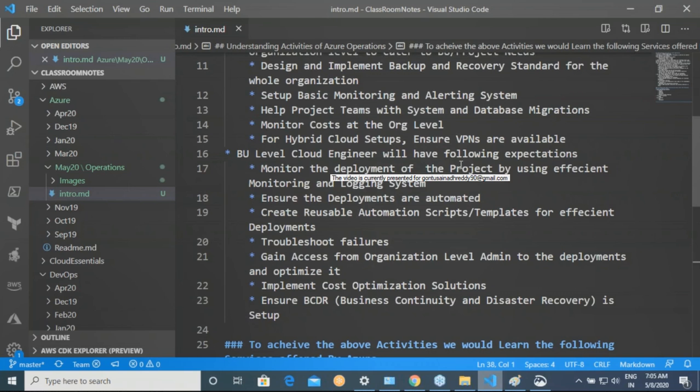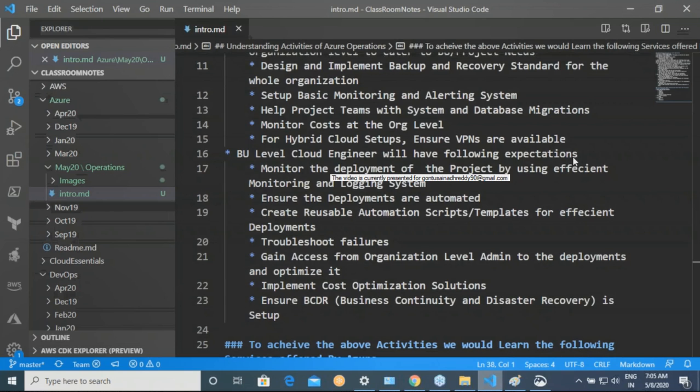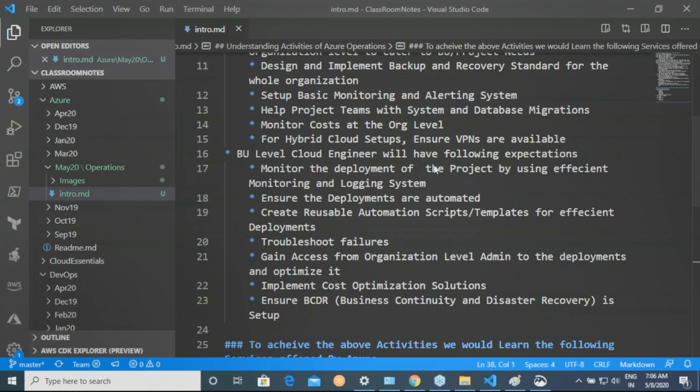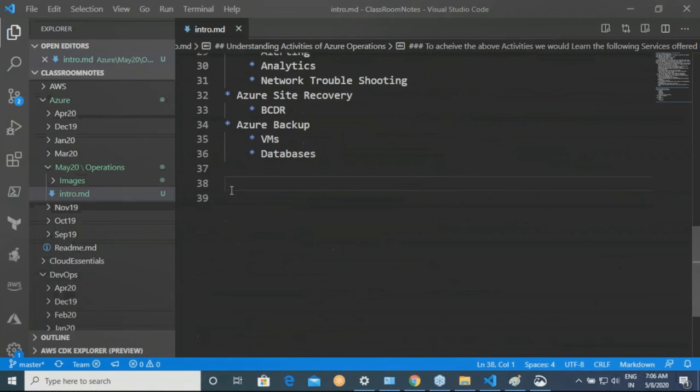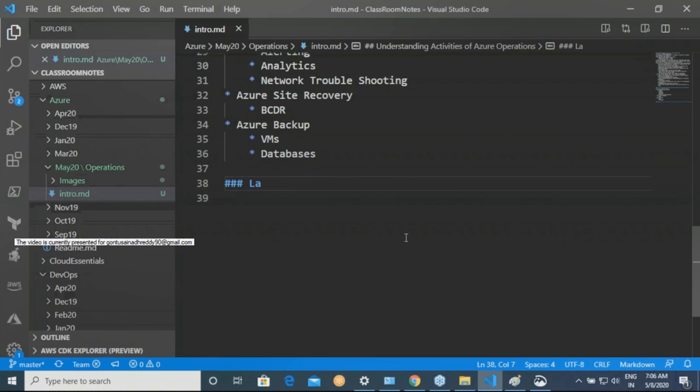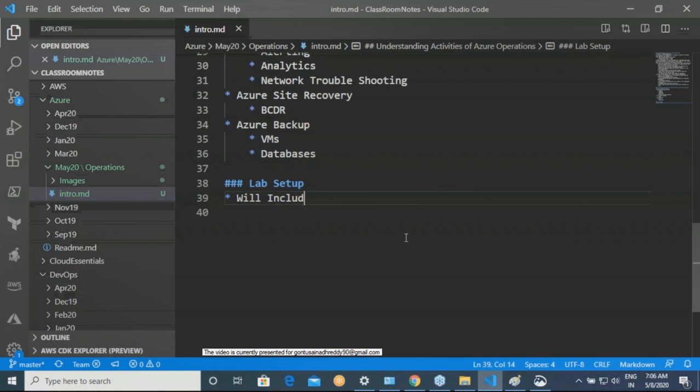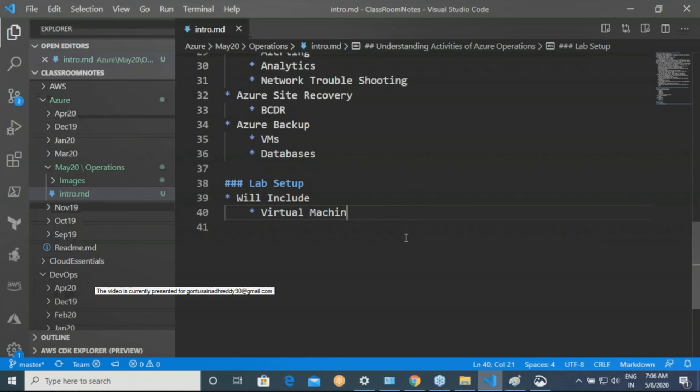Are we clear with this? Okay, good. Right. So let us do one thing now. Our lab setup will include virtual machines.